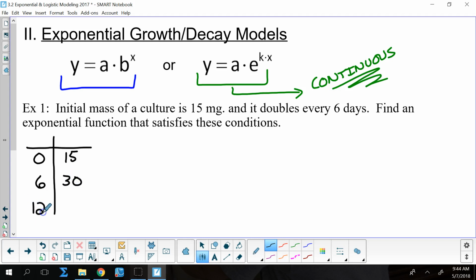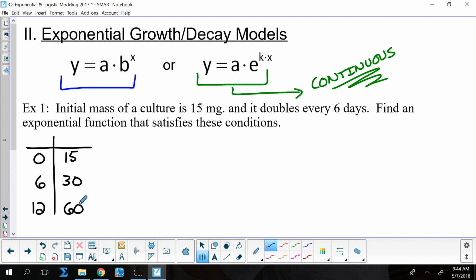After 12 days, how much would I have in my culture? 60. The downfall with that is, what if I need to know how many milligrams are in my culture in 2 weeks, 14 days? 14 is not a multiple of 12. You know what I mean? So we have to be able to come up with one.